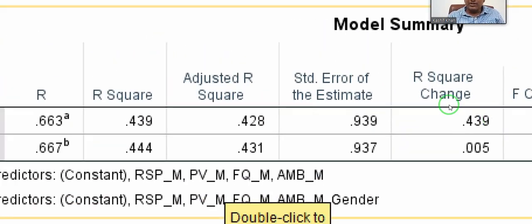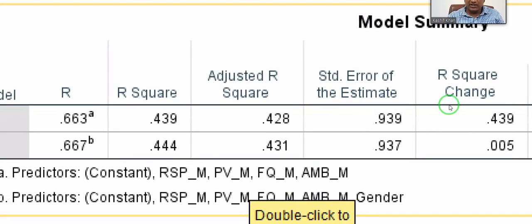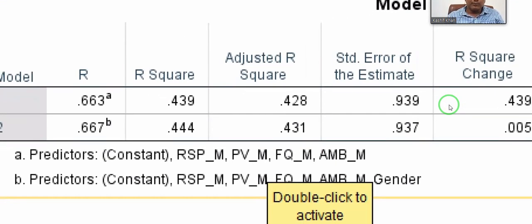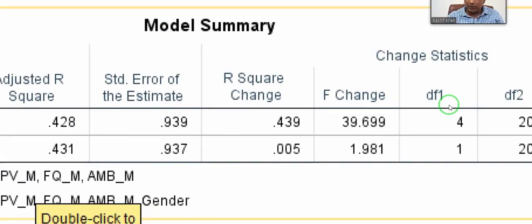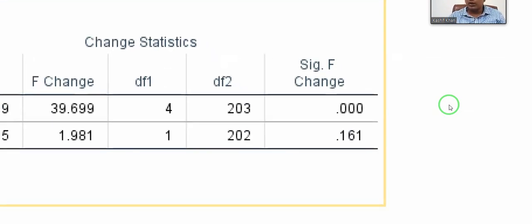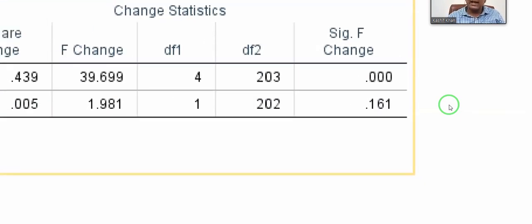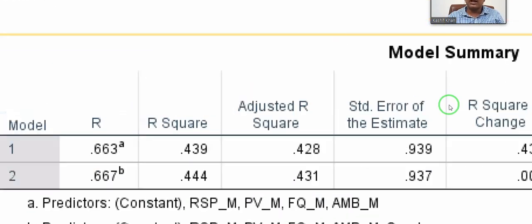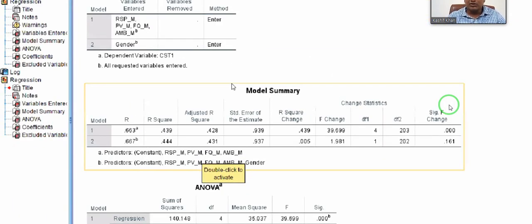However, when we've added gender here, how much change is there? The change in R-square from 0.663 to 0.667 looks negligible, but let's take a look at the F change value, and it says 0.161. So now we can say that gender has no effect on our results.